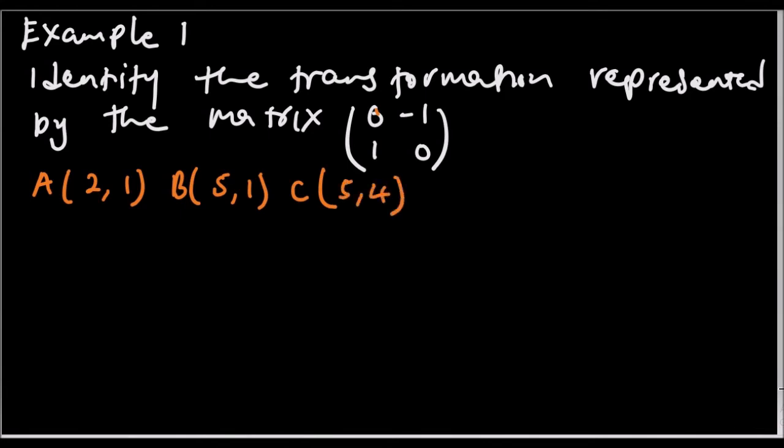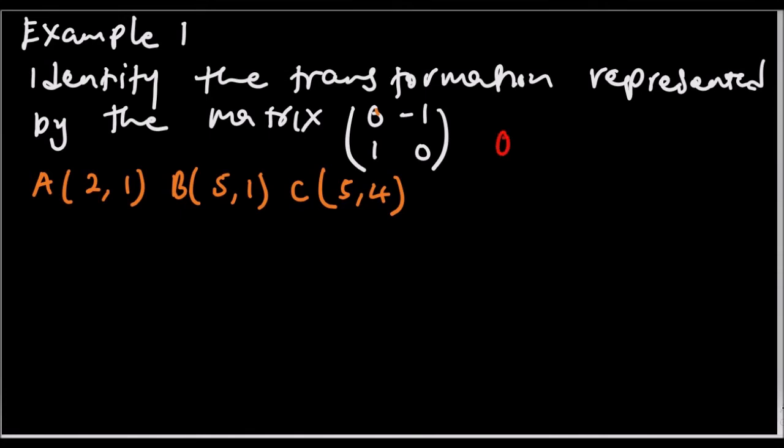So these are the coordinates of the triangle that we are going to use to demonstrate the transformation represented by this matrix. Now from there we can form a matrix from the coordinates.